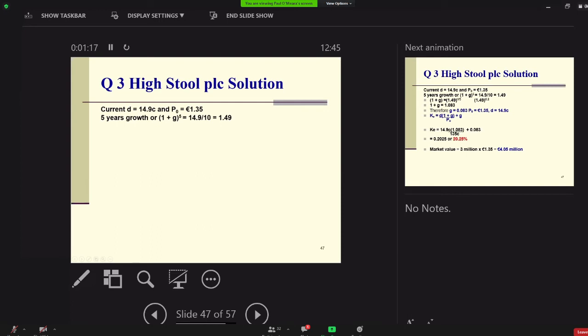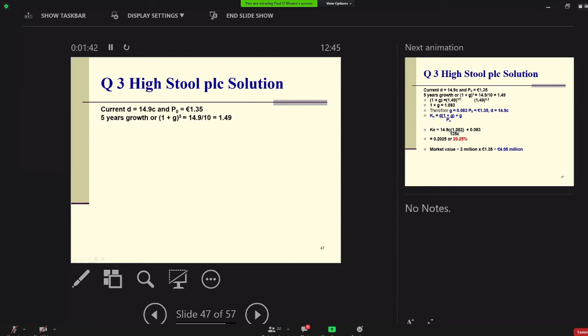I know it started with 10 cent, ended up at 14.9, so it grew by about 49%. You put 14.9 over 10, you're talking 1.49. If the answer was 1, there'd be no growth. But to the right of the 1, you have 0.49, like 49% growth. What you have to do then is use your scientific calculator and figure out what number multiplied by itself 5 times gives you 1.49.